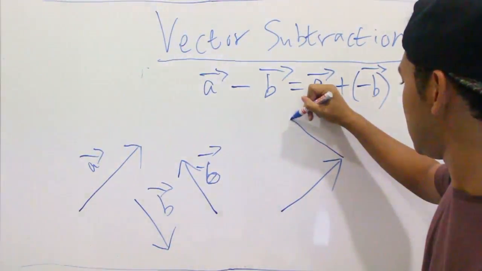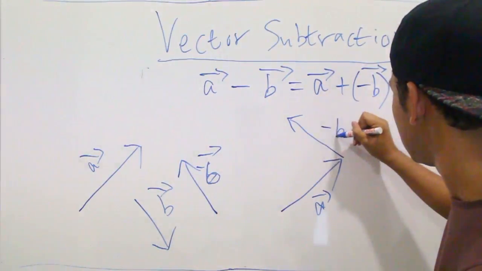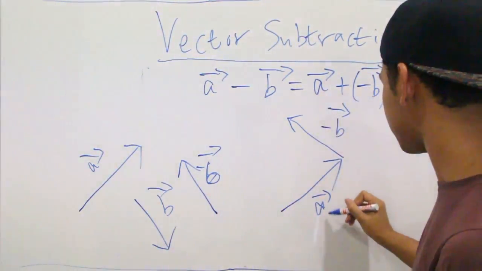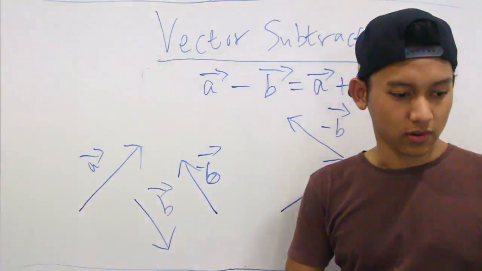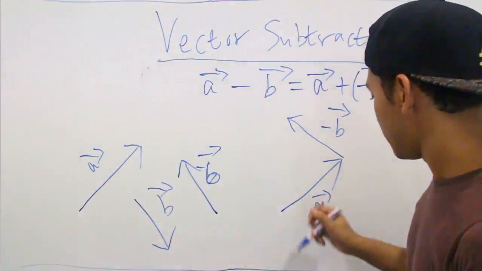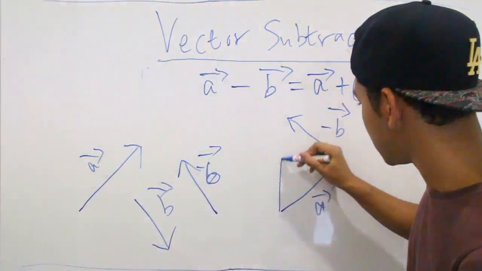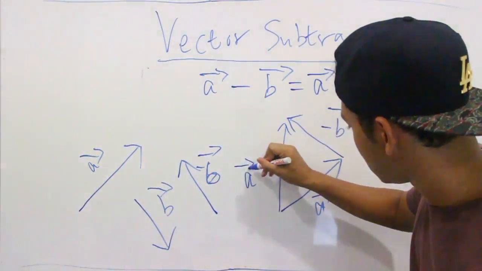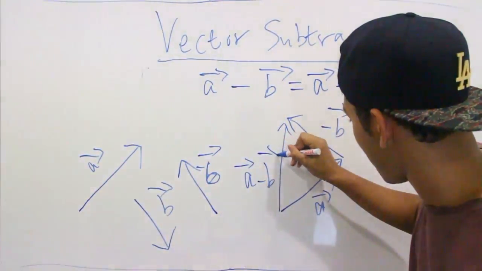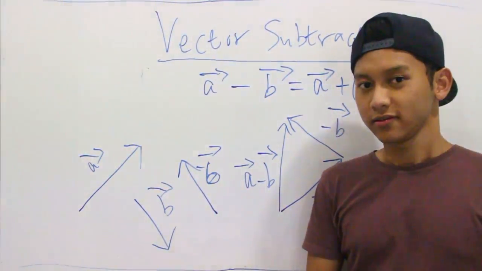This is vector A, and this is negative B. Now the resultant vector is from the tail of the first vector to the head of the last vector. This is vector A minus vector B, and that is the subtraction of two vectors.